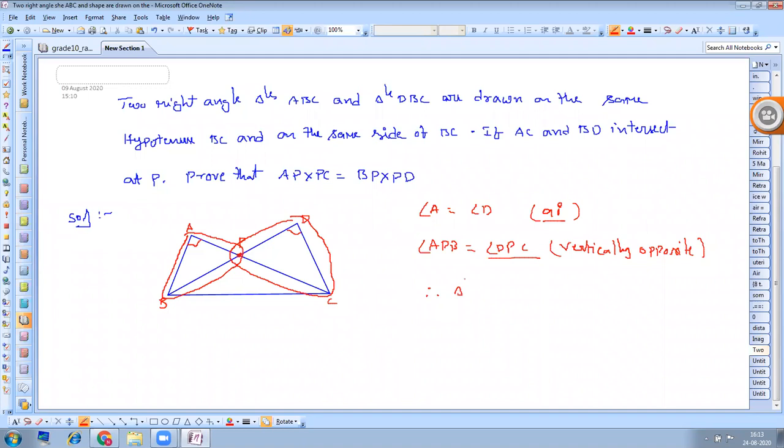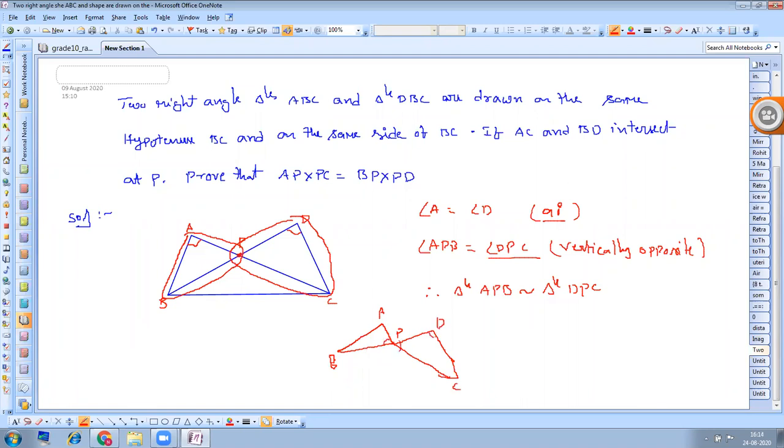Therefore triangle APB is similar to triangle DPC. If I take only those two triangles here, this is APB, this is DPC.